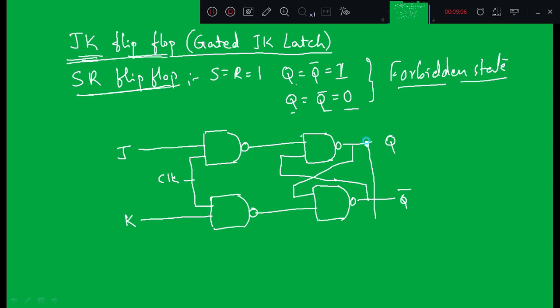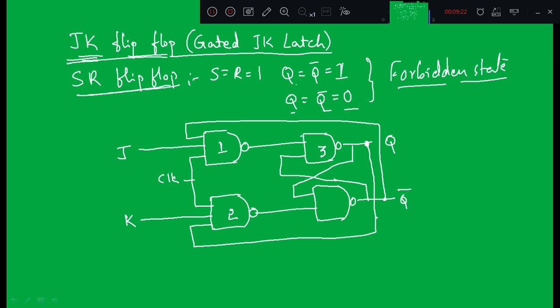To convert the SR flip flop into a JK flip flop, we are going to connect Q and Q bar to these two NAND gates like this. Let us name the NAND gates, right? So this is the circuit for a JK flip flop. Here we will come to know how we are going to avoid this forbidden state.